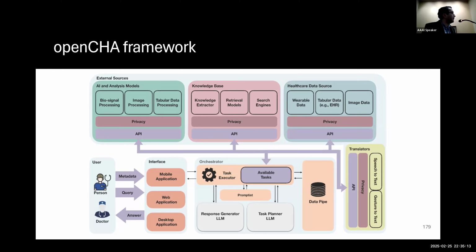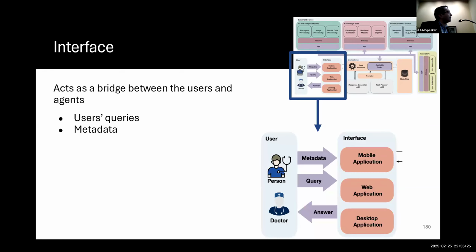As you can see, first we have an interface, which can be a mobile application, web application, desktop application. It's the bridge between the users and agents, and it receives the queries from the users and metadata, which could be text, images, or medical tests.